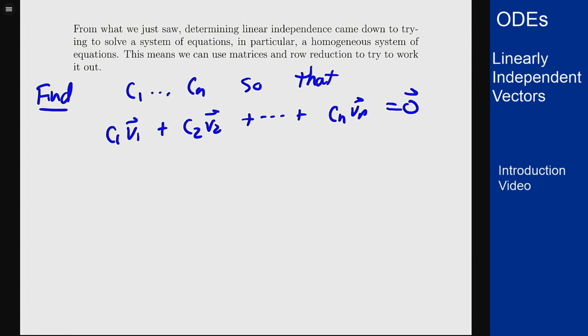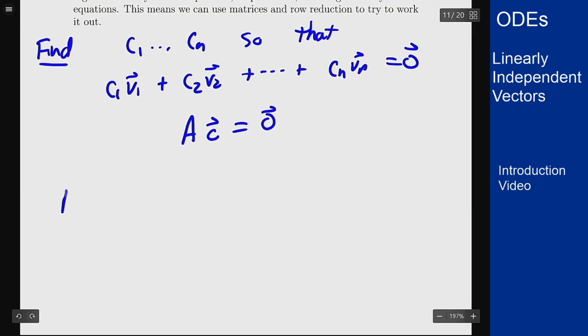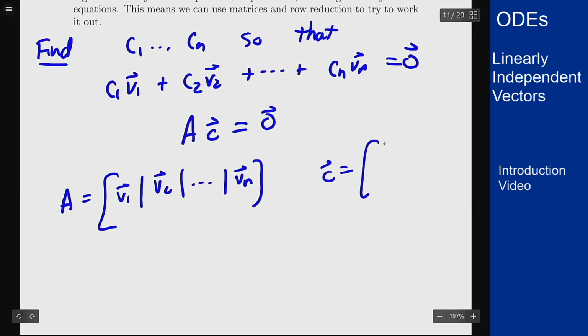But I can rewrite this equation as a matrix A times a vector C equaling 0, where A is the matrix with columns v1, v2, up to vn, and C is the vector containing these C constants. That's the same thing written in matrix vector form, which means we're looking for the kernel of this matrix A.